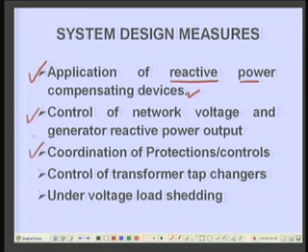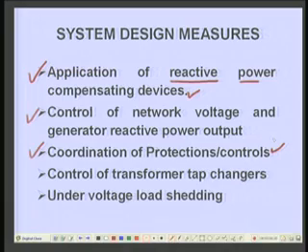Then there may be certain protections and controls, and you should have proper coordination. Sometimes, when you are controlling a load, let us say, one arrangement is that whenever the voltage is decreasing, you can do load shedding and voltage will recover.